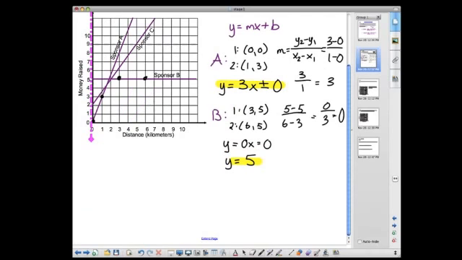When we look at sponsor C, again, we could pick 2 more points. I'm going to pick this one and this one. So my point 1 is 0, 2. And my point 2 is 2, 5. Write out my equation, 5 minus 2 over 2 minus 0. Do my subtraction, 5 minus 2 is 3. 2 minus 0 is 2.